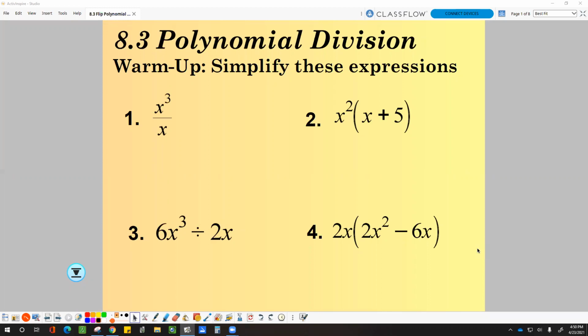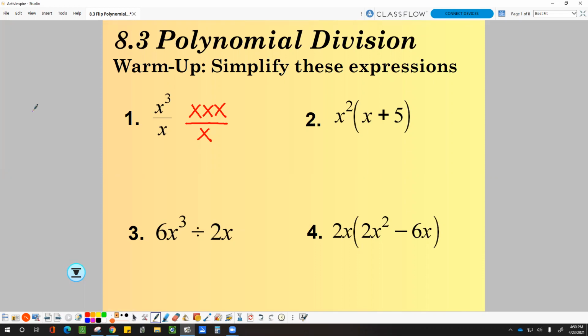First, I have x to the third power divided by x. This means x times itself 3 times divided by x once. Some people were having a struggle picturing this today.